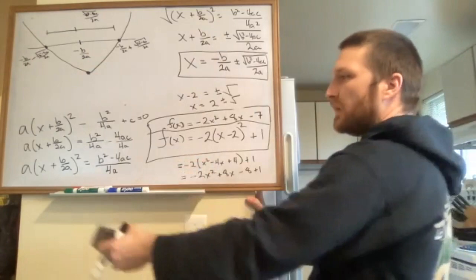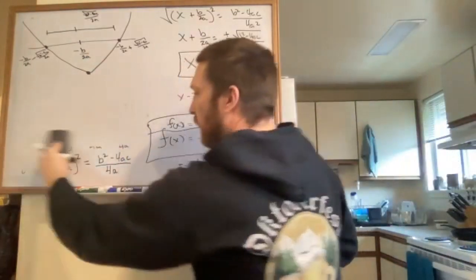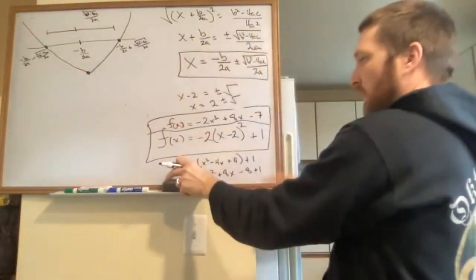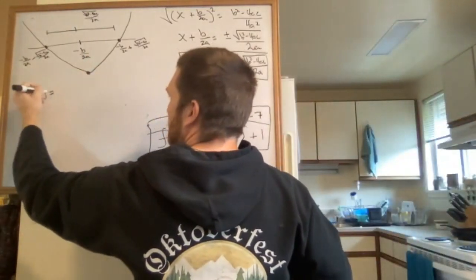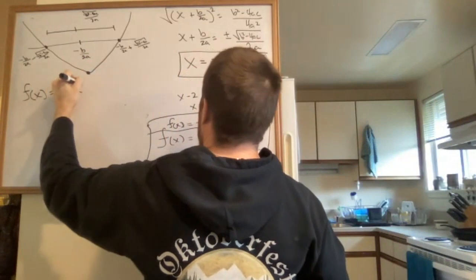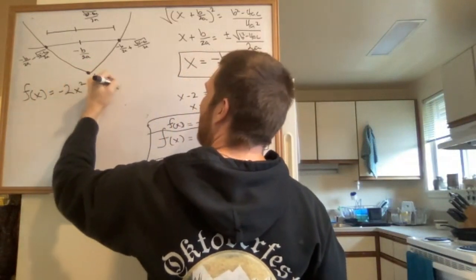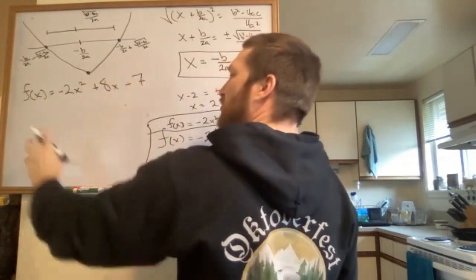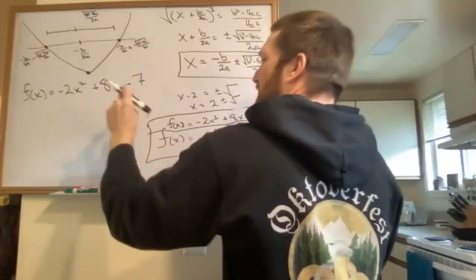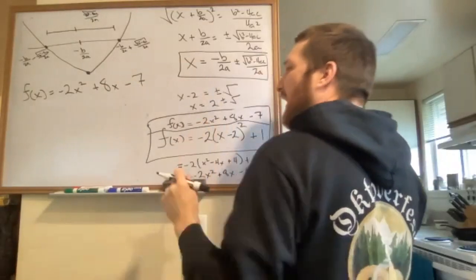And this is how it's going to look. You're going to say, well, with this parabola right here, f of x equals minus 2x squared plus 8x minus 7. If we're thinking about this in terms of ax squared plus bx plus c, the a is equal to what?